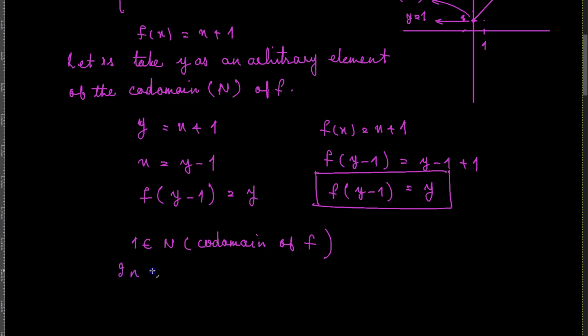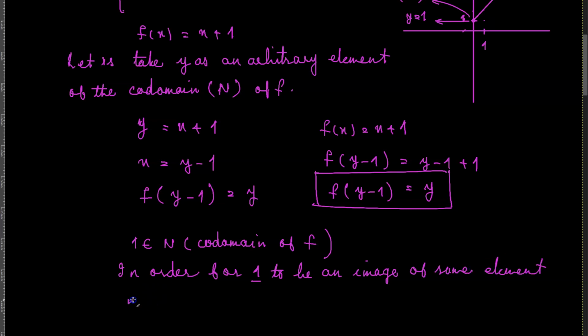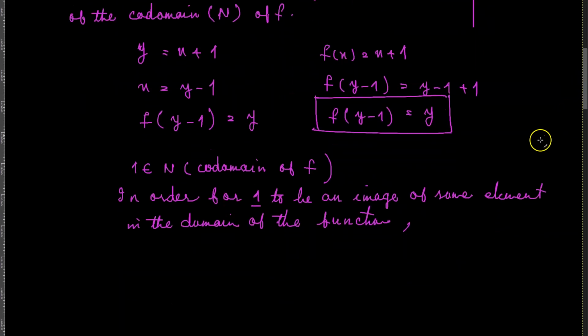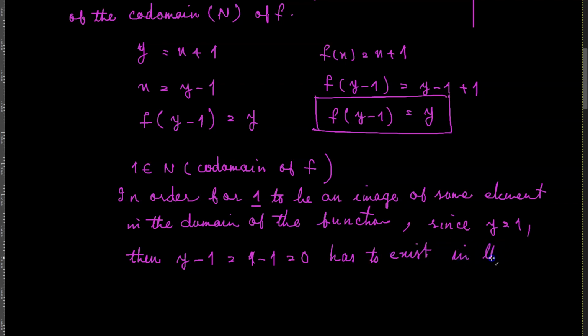Now, in order for 1 to be an image of some element in the domain of the function, since y is equal to 1, then y minus 1, which is the same thing as 1 minus 1, which is equal to 0, has to exist in the domain of the function, which is not the case.